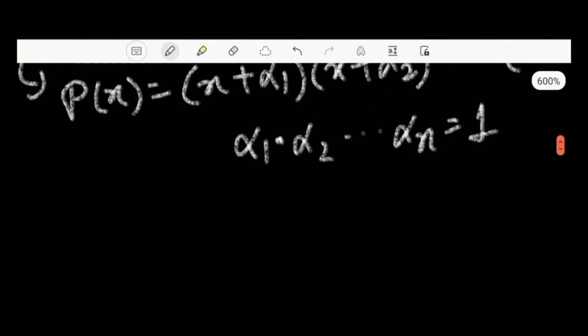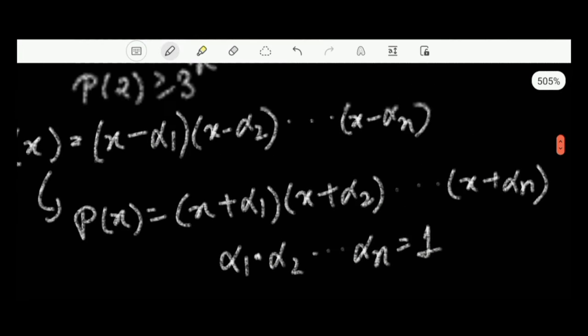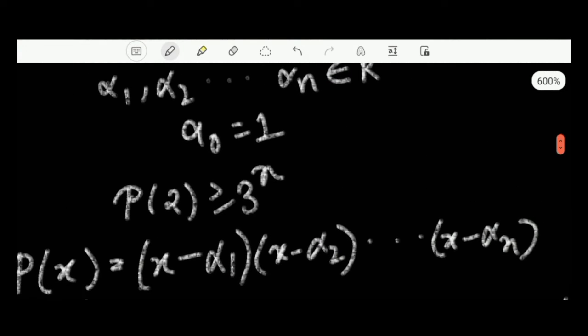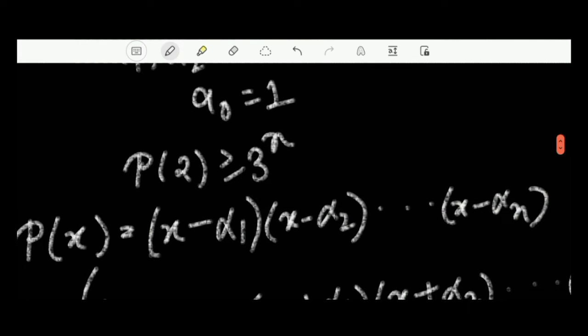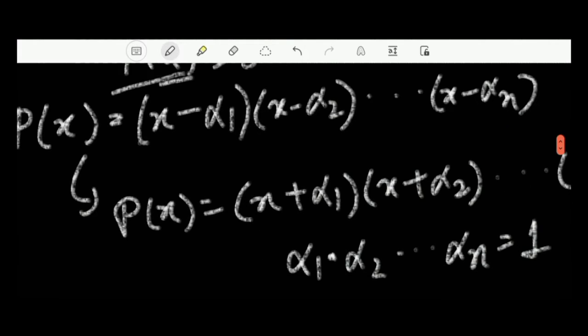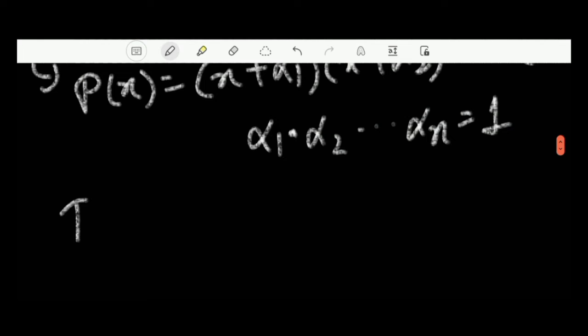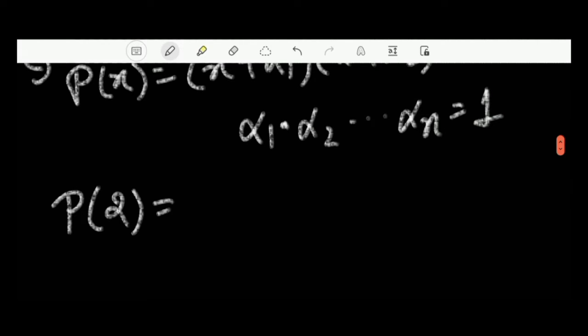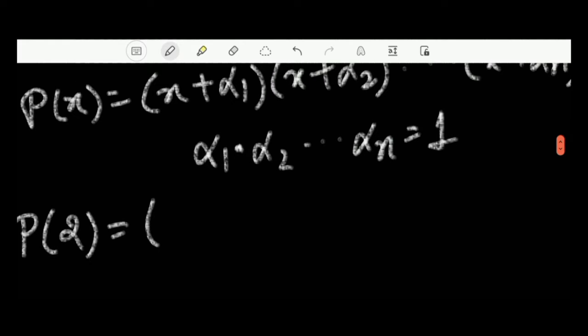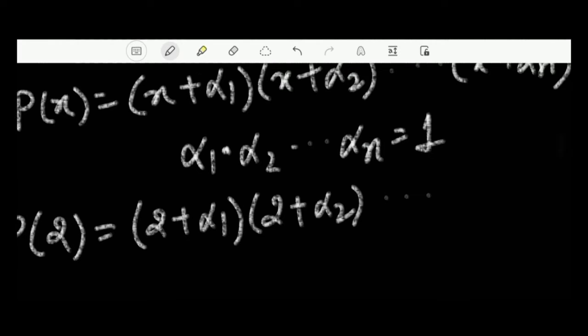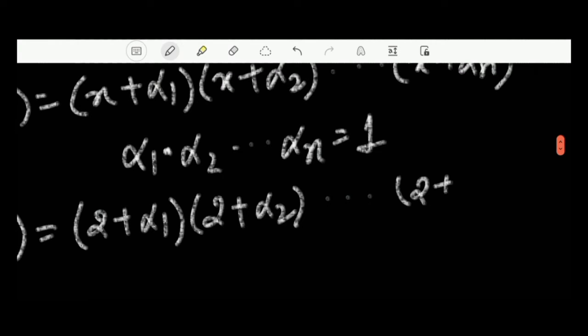So first we have to bring our left hand side, which is p of 2. For this we have to put the value 2 inside the polynomial. So we can write p of 2 is equal to 2 plus alpha 1 multiplied by 2 plus alpha 2 up to 2 plus alpha n.